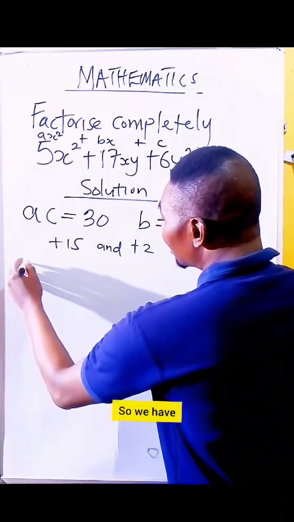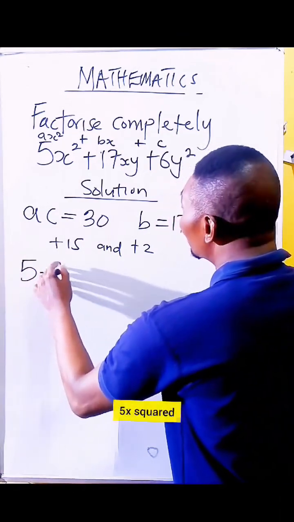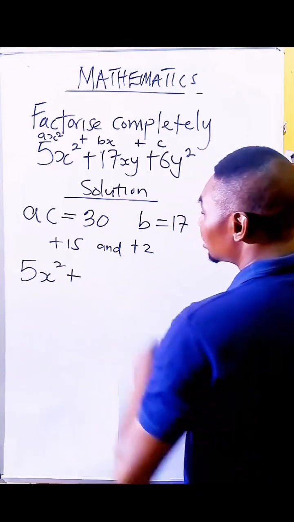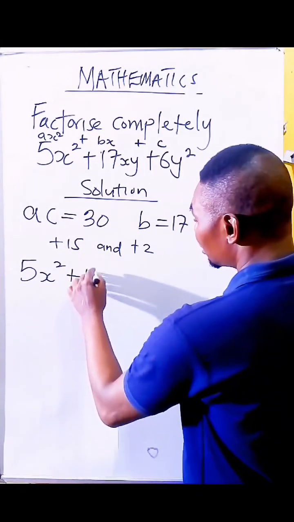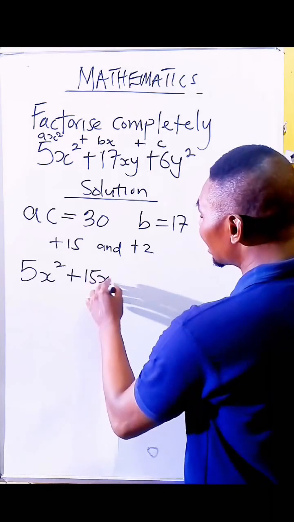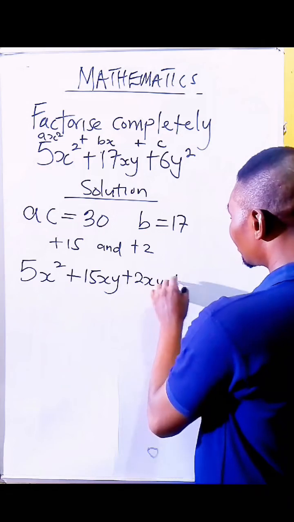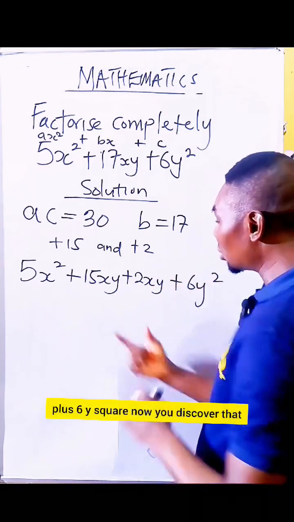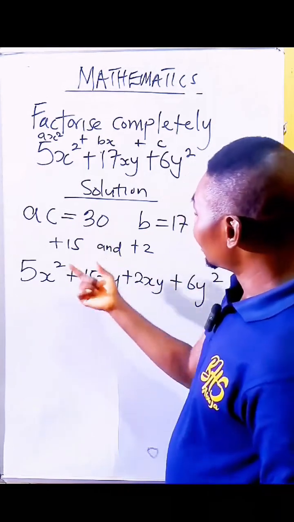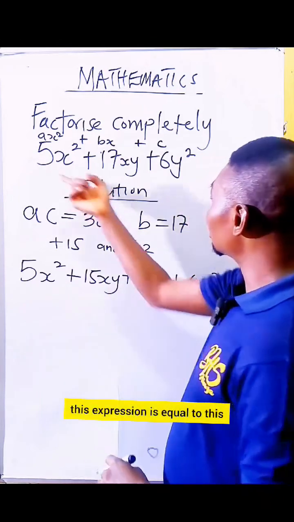Then you split these two factors into the middle term of this quadratic expression. So we have 5x squared plus 15xy plus 2xy plus 6y squared. Now you will discover that this expression is equal to this.